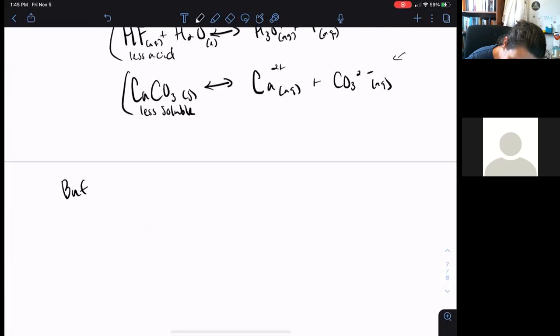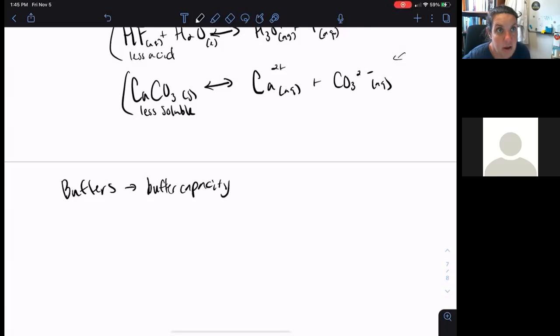With buffers, you should know the buffer capacity. You should know the buffer range. And you should be able to describe how to make one.